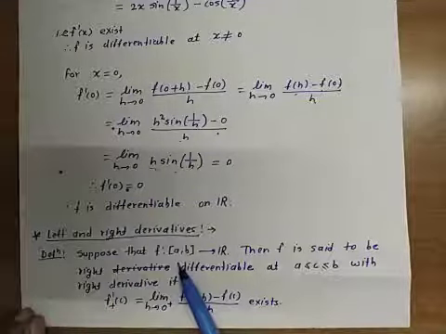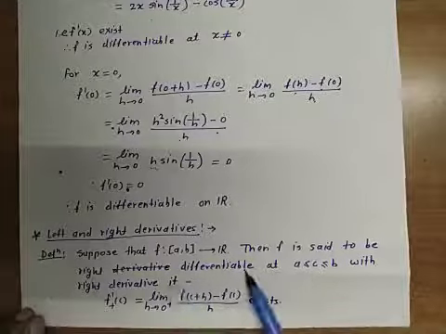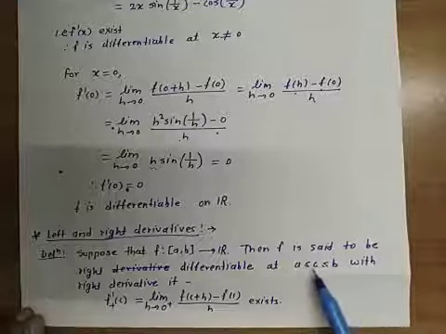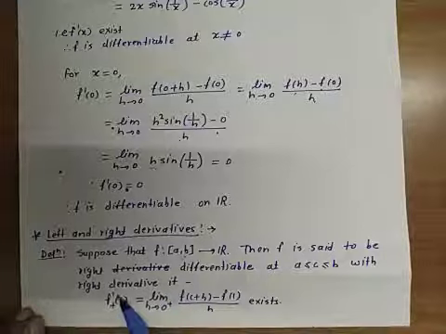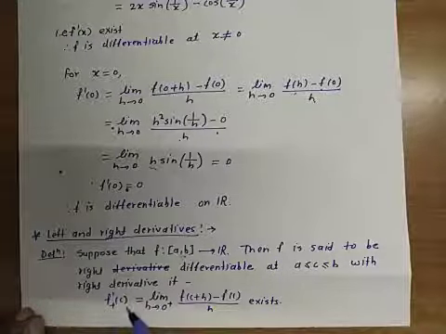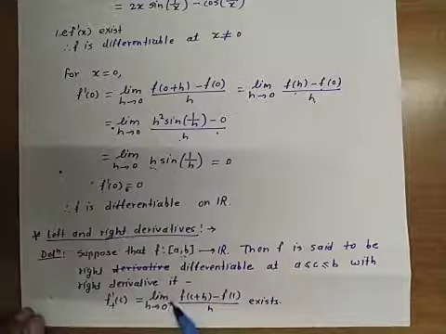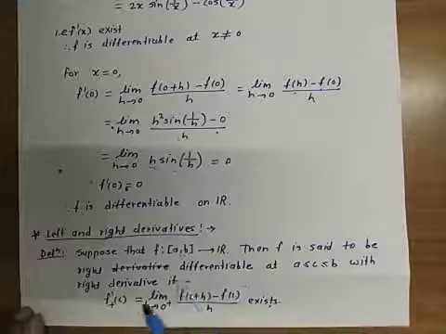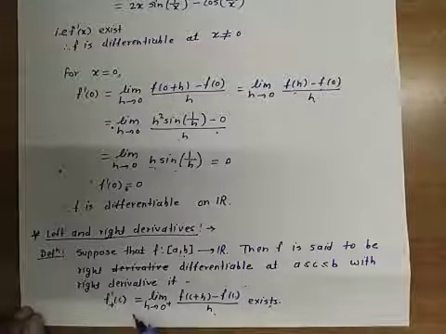Suppose that f is a function from (a, b) to R, then f is said to be right differentiable at point c, where c is a point of this domain, with right derivative, if f dash plus c, this is the notation for right derivative, is equal to limit h tends to 0 plus, f of c plus h minus f of c upon h, exists.